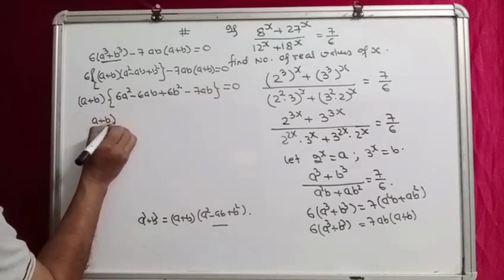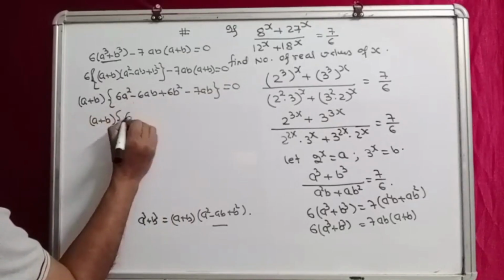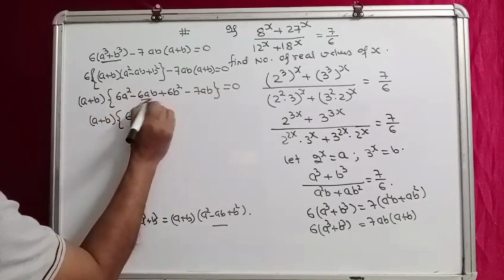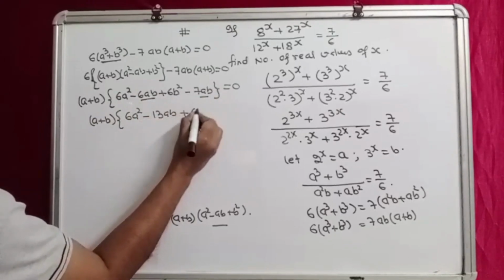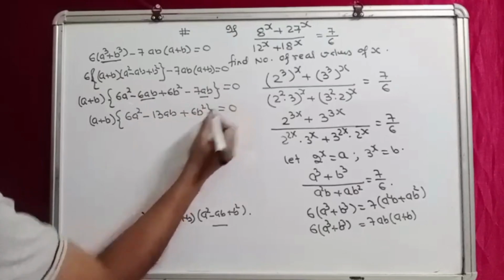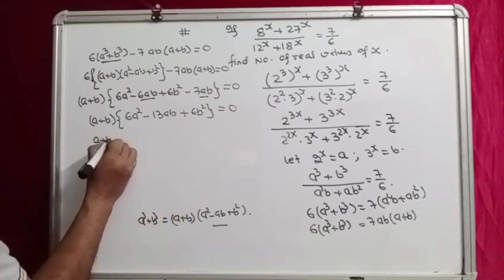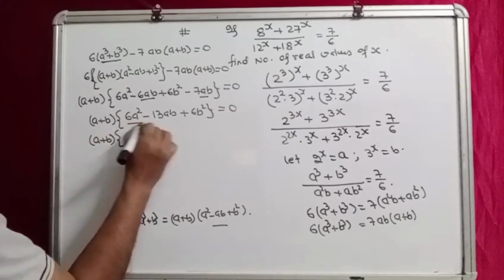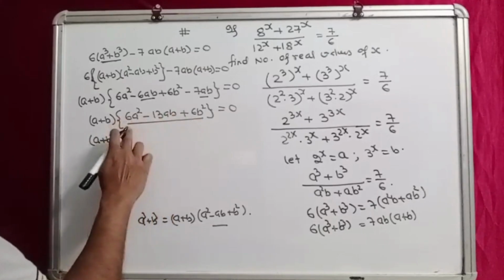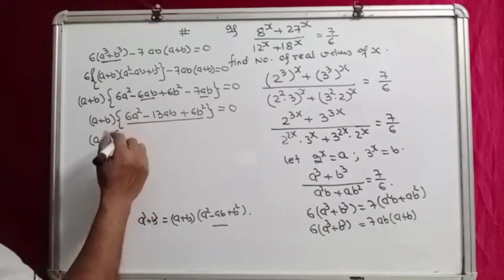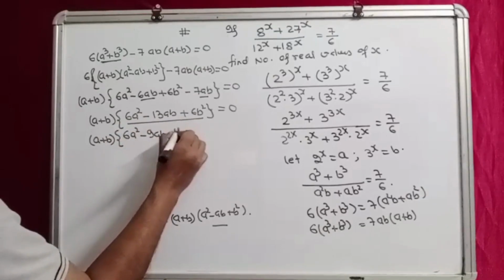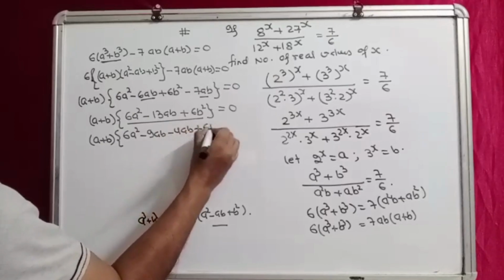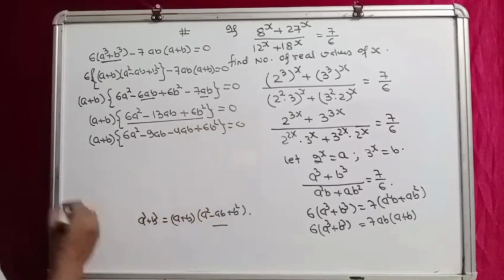Then a + b, here we will get 6a square minus, these two are like terms, 13ab plus 6b square equals 0. Now factorizing this one, 36, 9 and 4 make 13: 6a square minus 9ab minus 4ab plus 6b square equals 0.